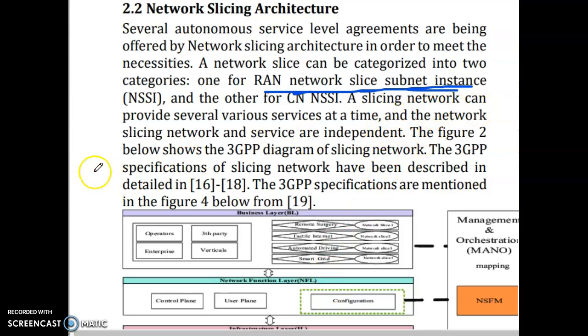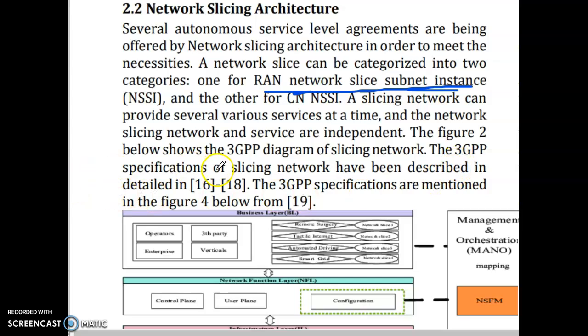A slicing network can provide several various services at a time, and the network slicing network and the service are independent. Figure 2 below shows the 3GPP diagram of the slicing network.